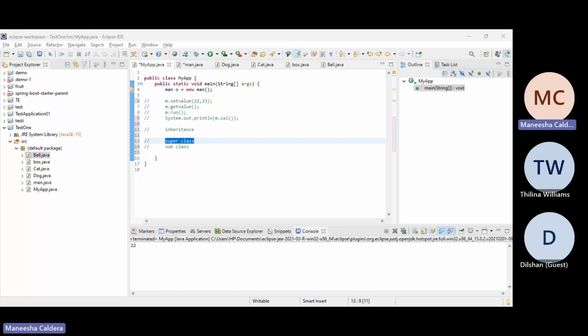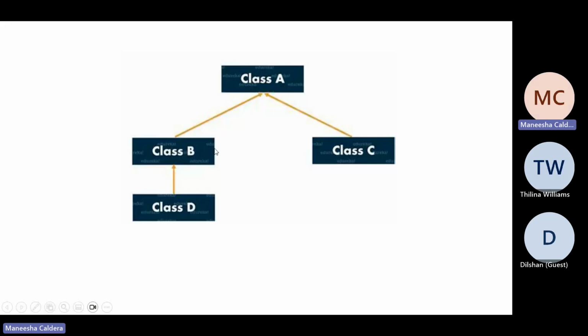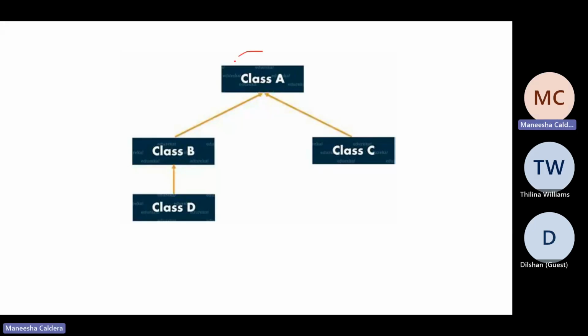So again, what is this? Here is the example. Class A is my superclass. B and C are inherited, but unfortunately the arrows are pointing upwards, guys.